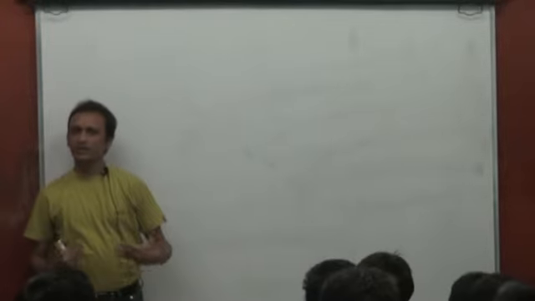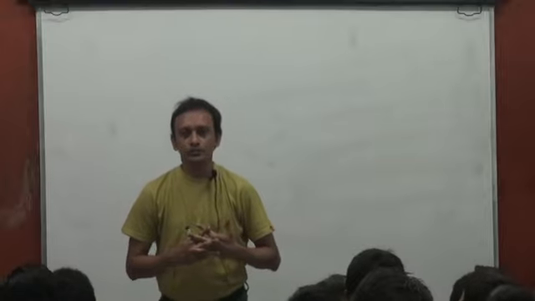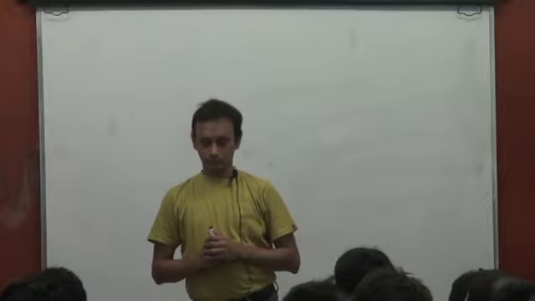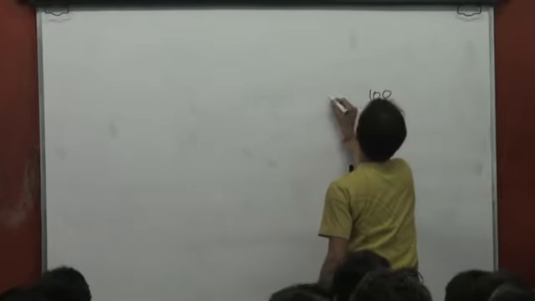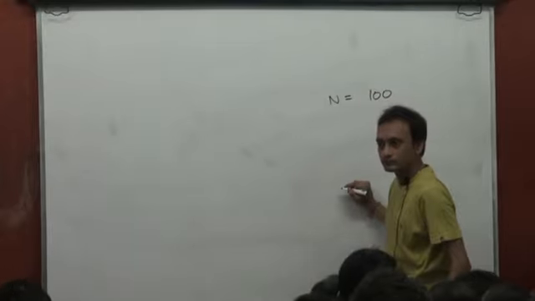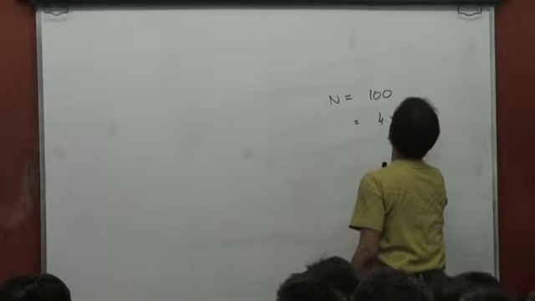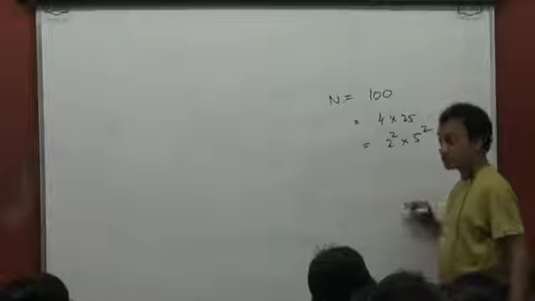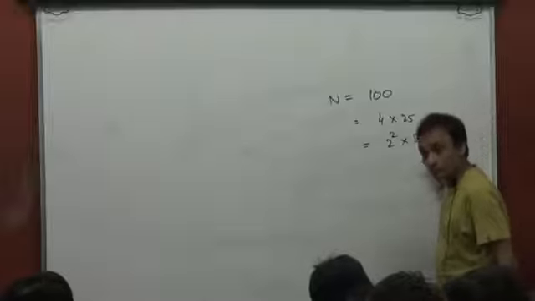Now, any natural number could be written as a product of powers of primes. What I mean is, if you have, let's say, n is 100. This could be written as 4 into 25, which is 2 squared into 5 squared. 2 is a prime, 5 is a prime, 2 to the power 2 into 5 to the power 2.